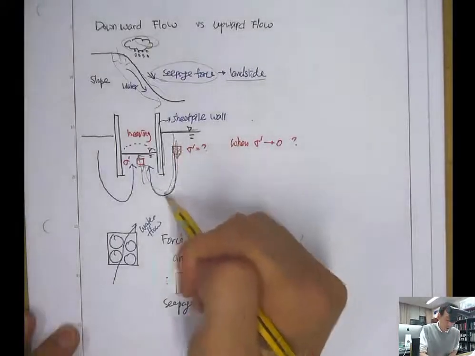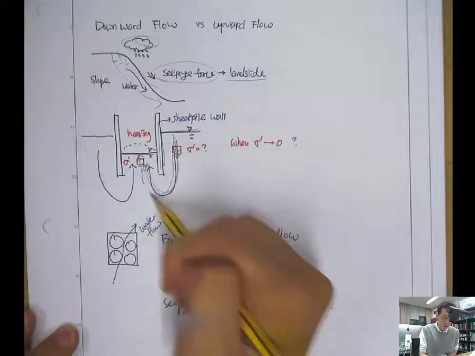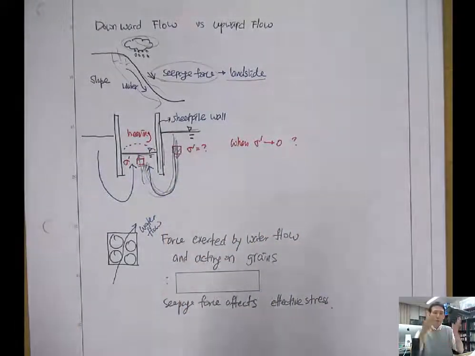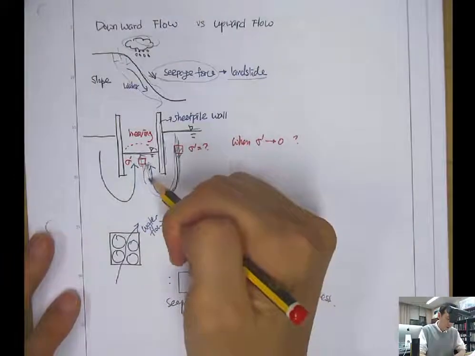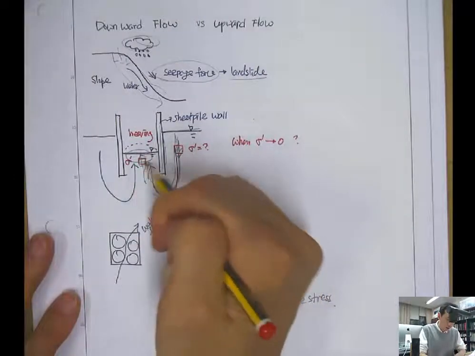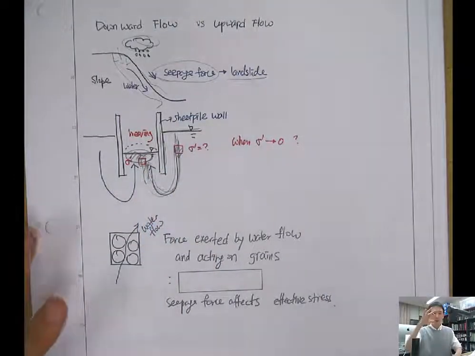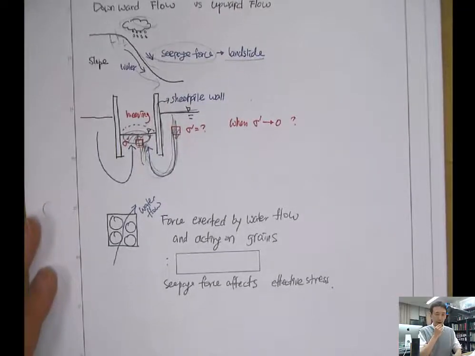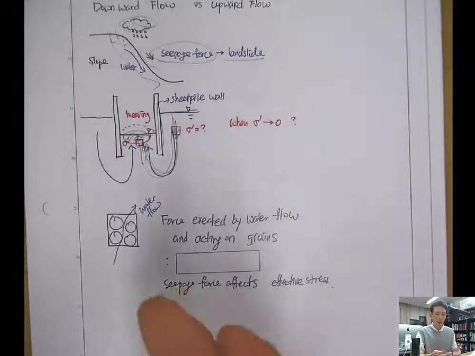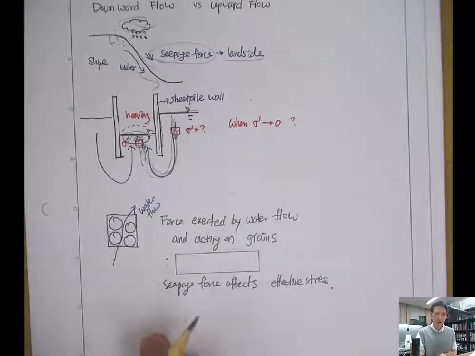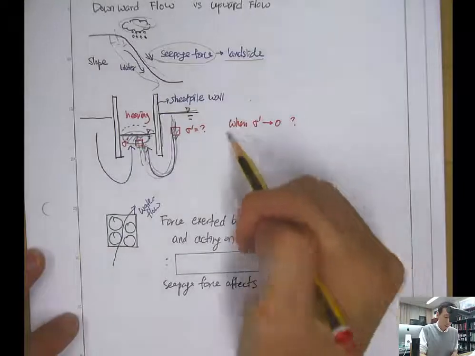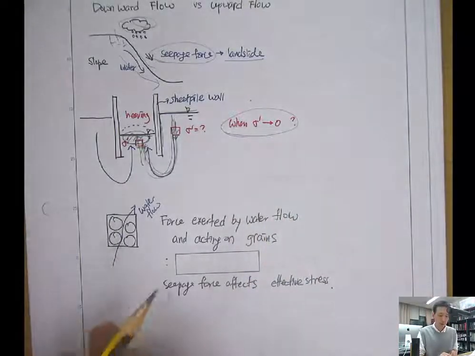If the water flow is too fast, you can think of it like boiling the sand. If the water flow is too fast, then the very top surface soil will be destabilized, and it can reach failure. This happens when the effective stress is 0.